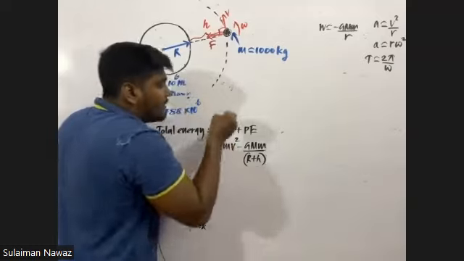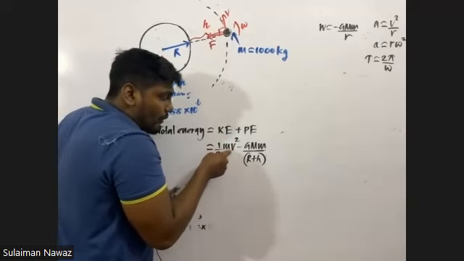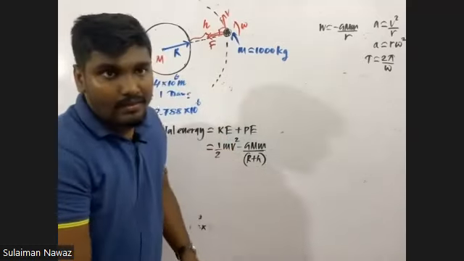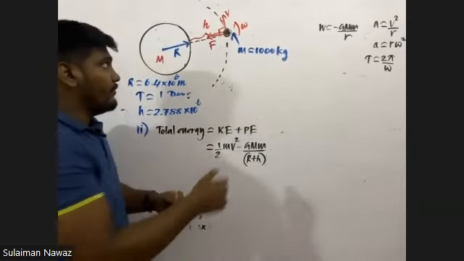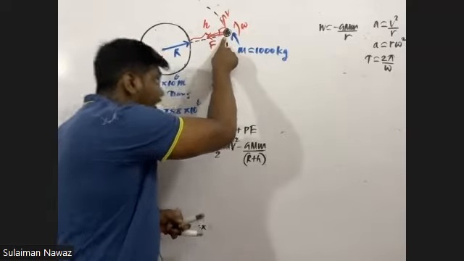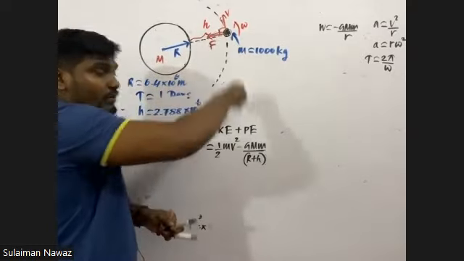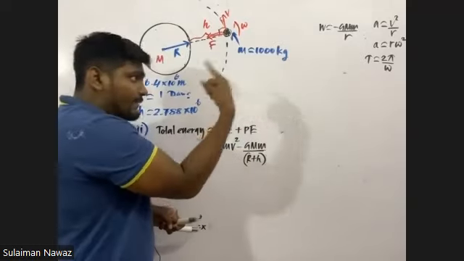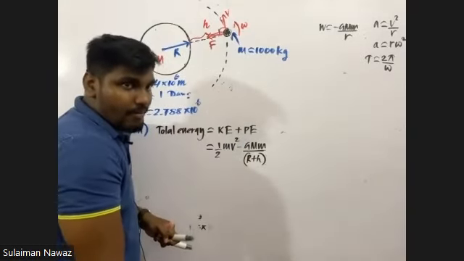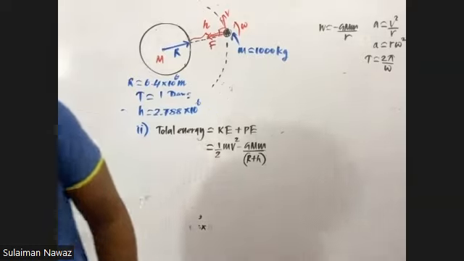Can you remember, I explained this one as well. Suppose you don't know the tangential velocity, what do we do? We apply F equals ma. You consider the circular motion of the satellite, and for the satellite you apply F equals ma. Then you convert velocity in terms of g.